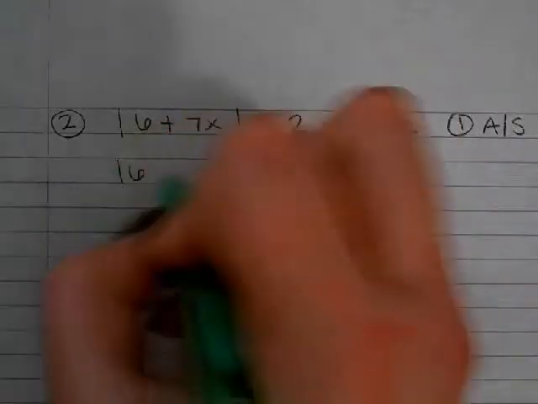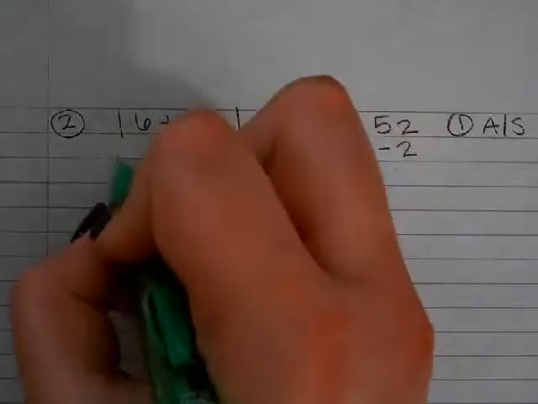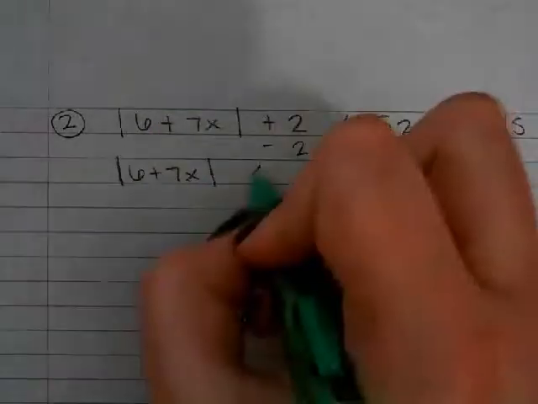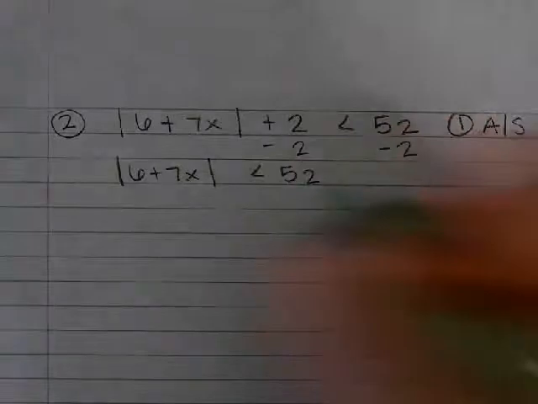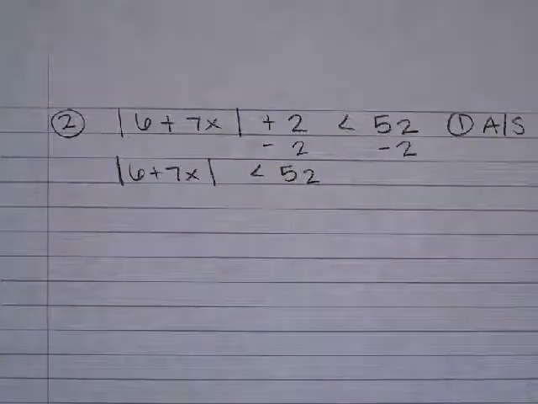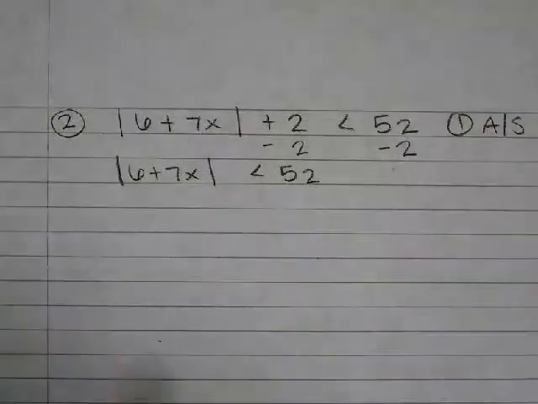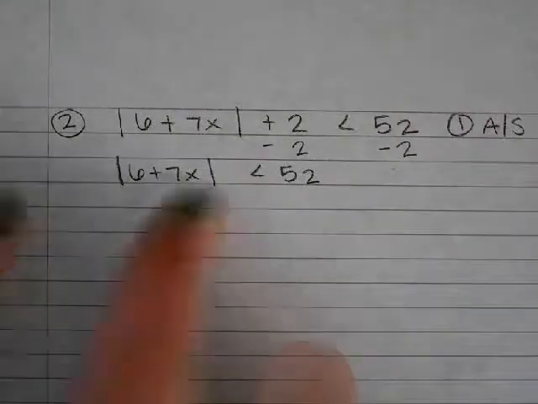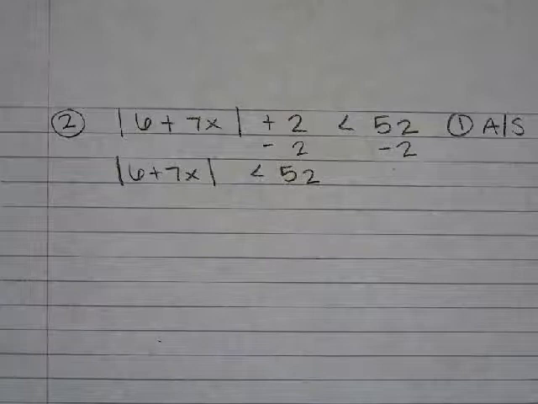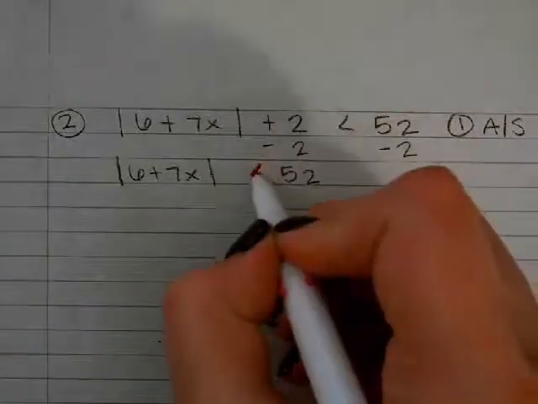All right. And at this point, we have the absolute value symbol all by itself. So, 50, not 52. Thank you. And this is a less than problem.